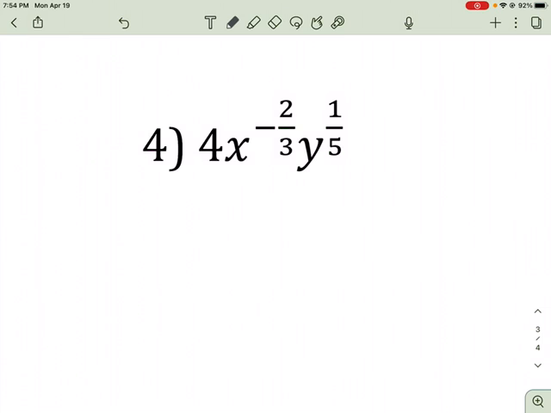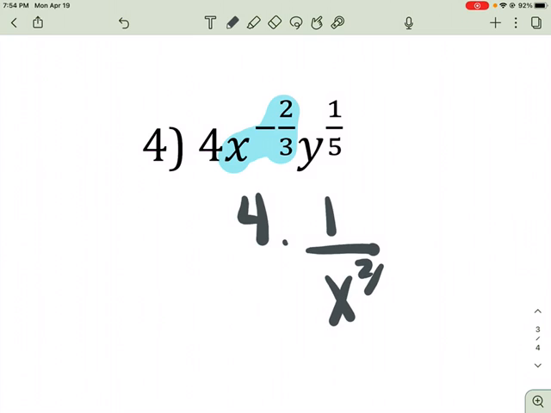Oh, doesn't look good. Okay, now here's the thing. The only thing being taken to the negative power is the x. If I wanted other things, I would have used parentheses. So the 4 is going to stay. We can make this 1 over x to the 2/3. I'm not quite ready to change that yet.